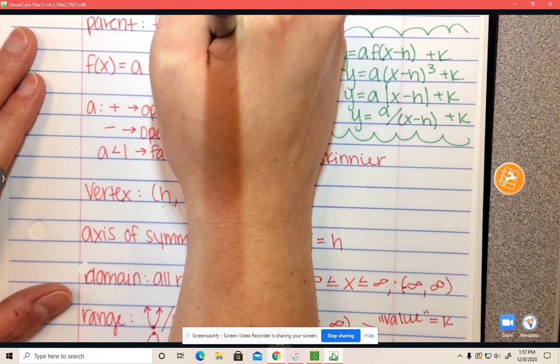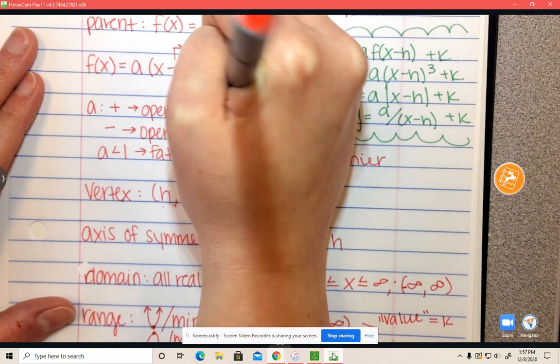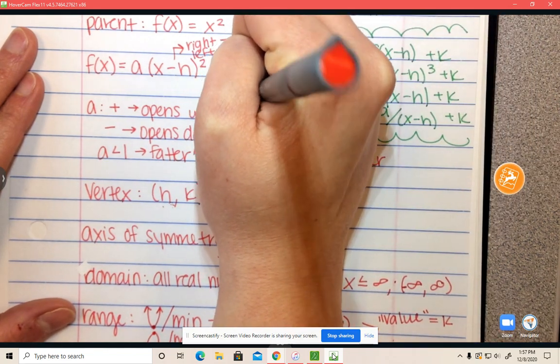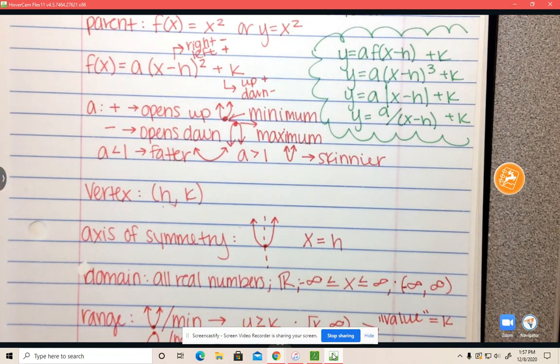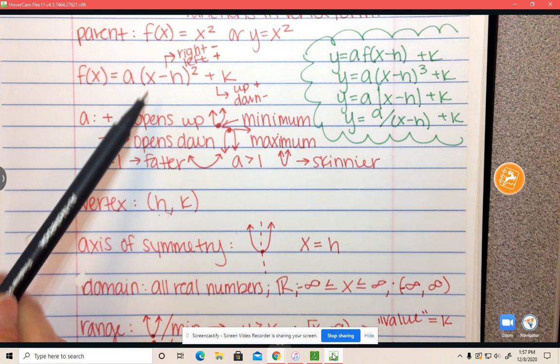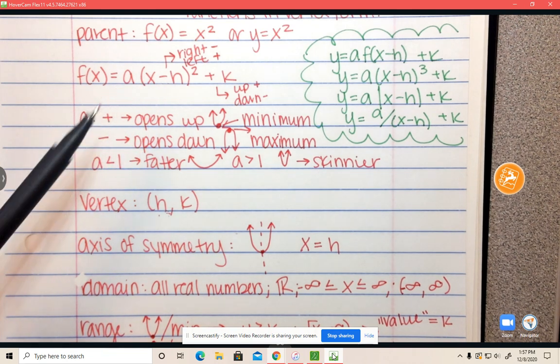If you go to the right, it's negative. The left is positive. K tells you up if it's positive, or down if it's negative. So that's just a shift: left or right, up or down. And the h is always opposite of what it appears, so keep that in mind. Now with all that being said, we're going to do some examples together.